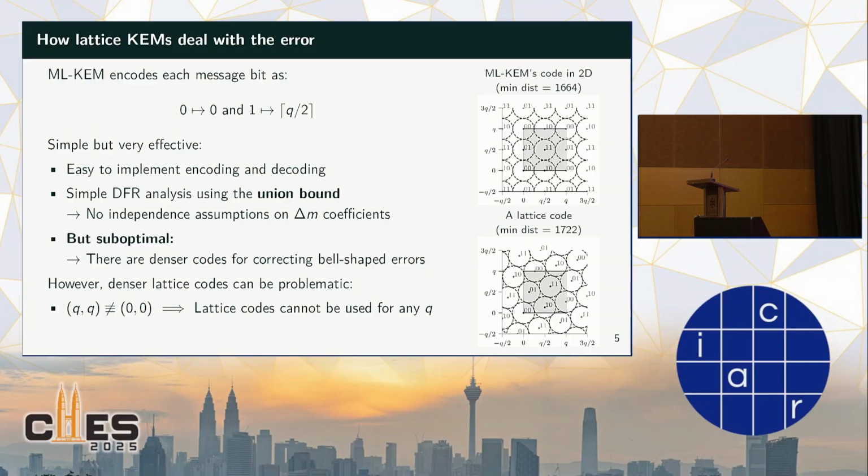You get to this annoying point that doesn't mean anything. Different from Kyber's code, where if you sum q, you get to 0, 0. If you sum q again, you get to 0, 0. Right? So lattice codes cannot be directly applied to most lattice schemes because for the points of your lattice to meet the hypercube Z_q^n, you need very specific values of q. For example, powers of 2, which is the case of New Hope.